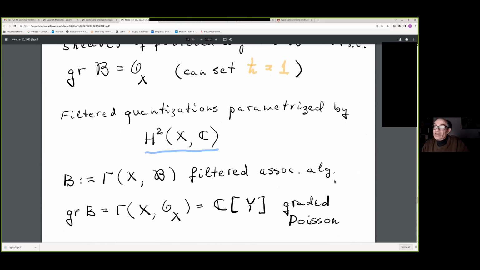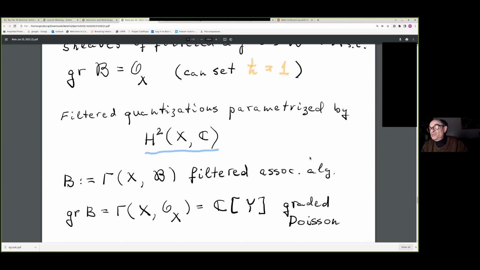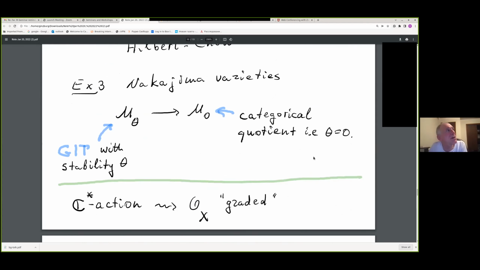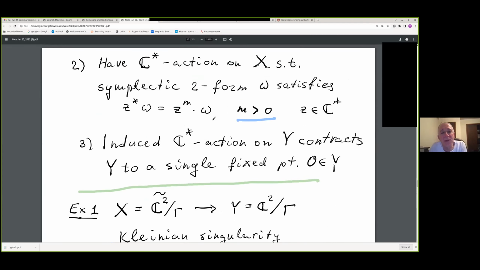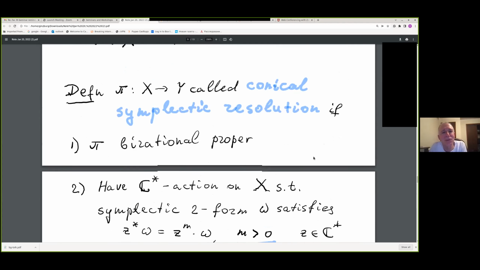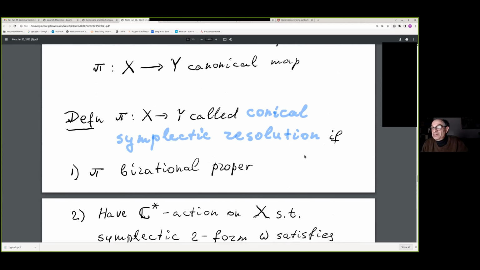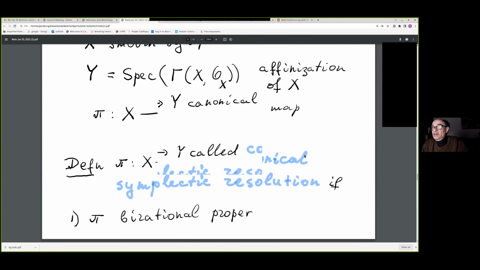Kashiwara, on the algebraic side, not on the Fukaya side, basically people know what to do, but only when the support is smooth. If it's not smooth, they don't know. They don't quantize, but what category to consider, there's no problem with this.